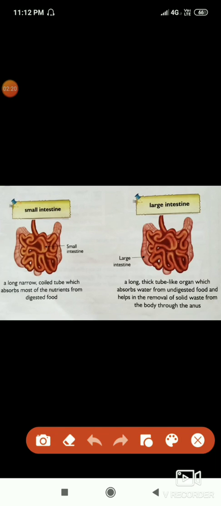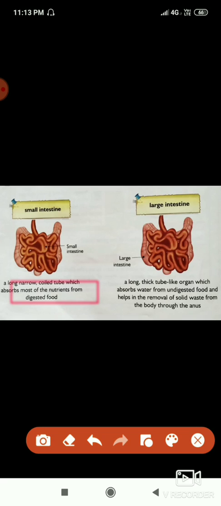Next here is given small intestine. It is shown here. The small intestine is present in our digestive system, it is an organ of our digestive system. It is a coil-like, very long structure. Here it is written: a long narrow coiled tube.